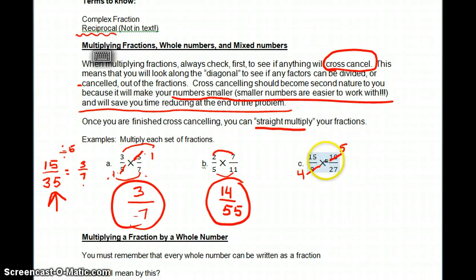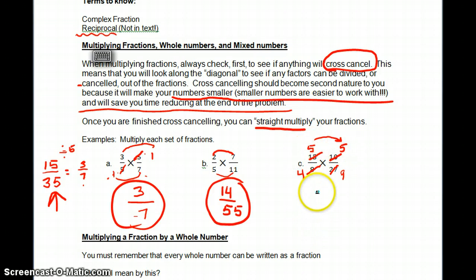I can divide out a factor of 3 from both of them. So 15 divided by 3 leaves me with 5, and 27 divided by 3 leaves me with 9. Now that I have taken care of that cross canceling, I am now ready to straight multiply.